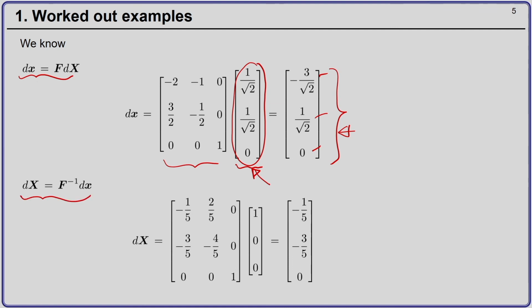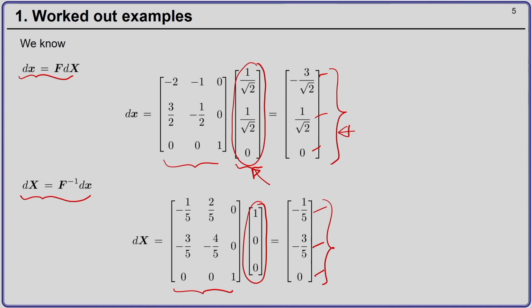We have already computed F inverse, which is here, and dx is 1 0 0. You can carry out the matrix vector multiplication, and then you will get the answer as minus 1 by 5, minus 3 by 5, 0. So, that is your material vector which had deformed to 1 0 0, this particular spatial vector.